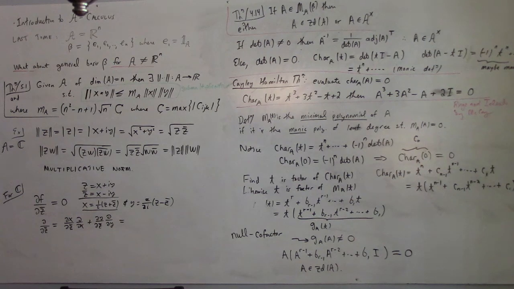You can chain rule it. You can assume that partial z is 0. If that's the case, partial z bar is 1. So we should just get a half for that. All right.